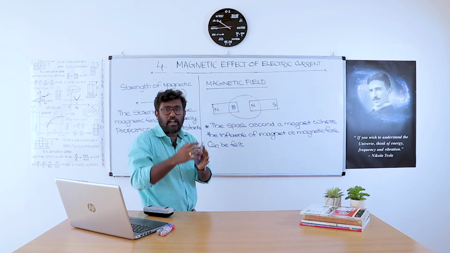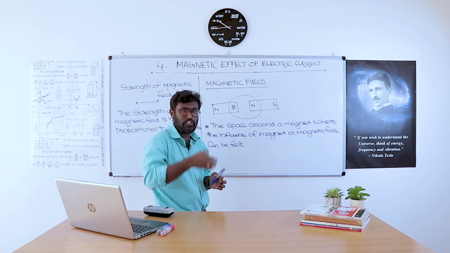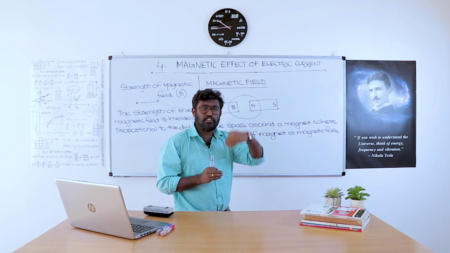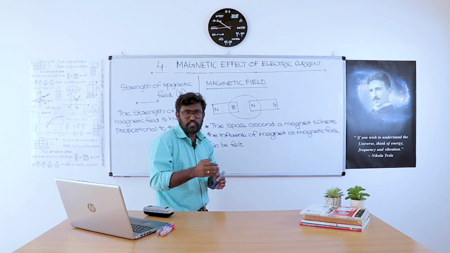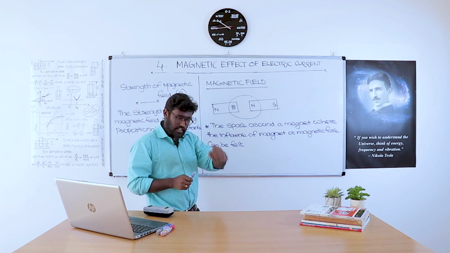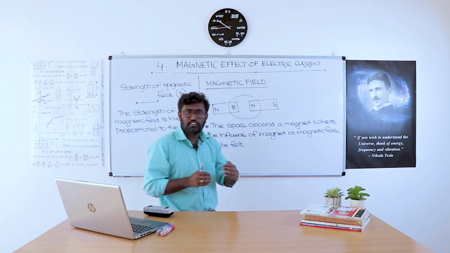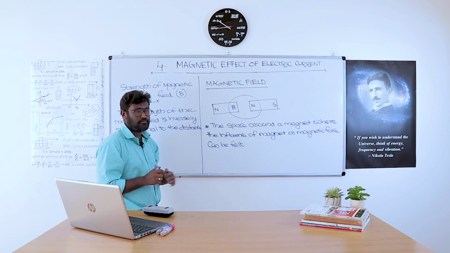The strength varies with respect to the distance. If the point is very close to the magnet, the strength will be on the higher side. If the point is far away from the magnet, the strength of the magnetic field is very weak. That means the strength of the magnetic field is inversely proportional to the distance.